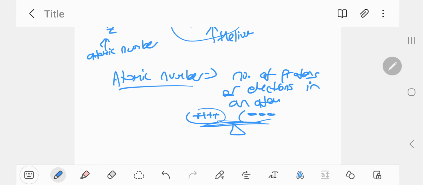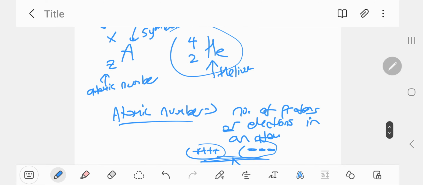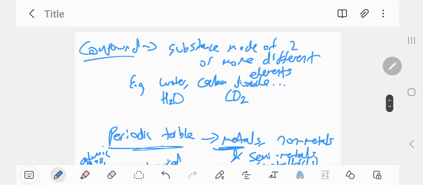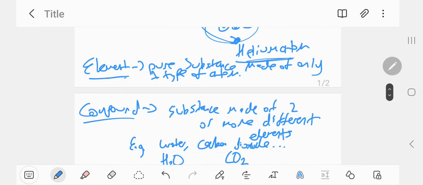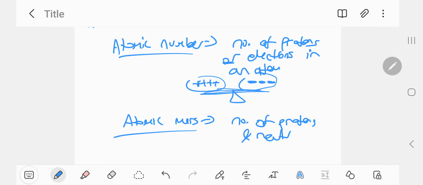Think of it like a seesaw. Atoms have equal amounts of protons and electrons. That's the atomic number. So in this case, helium has an atomic number of 2, so therefore it's got 2, as I drew here, 2 protons and 2 electrons. That's the atomic number. Atomic mass is the number of protons and neutrons. It's a total.